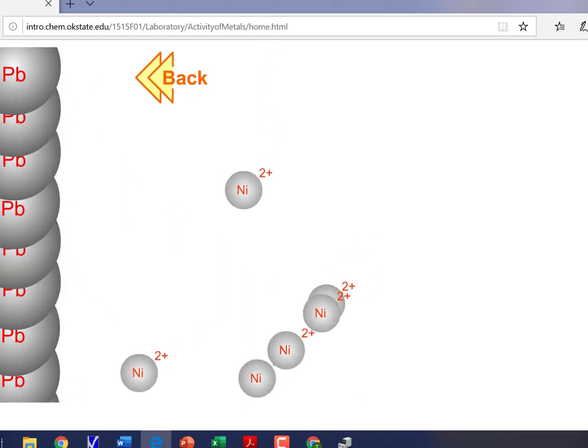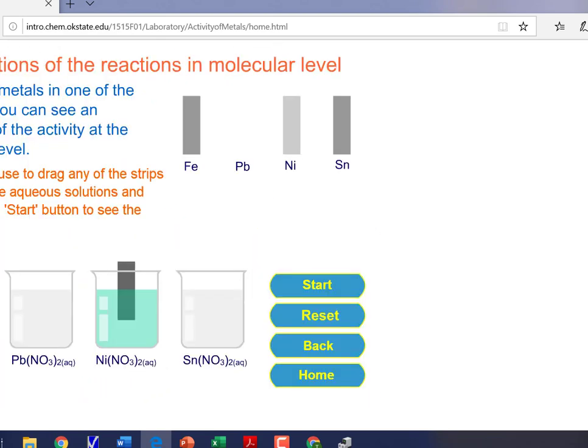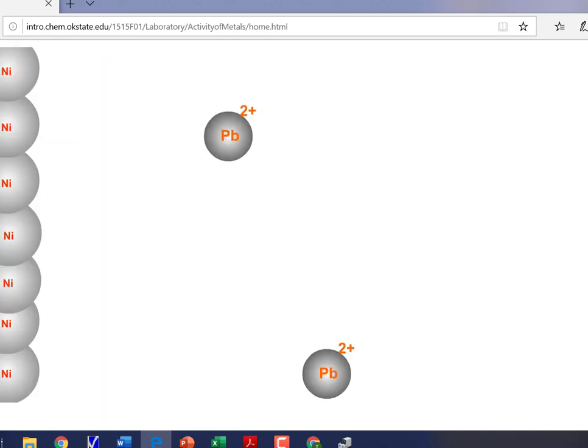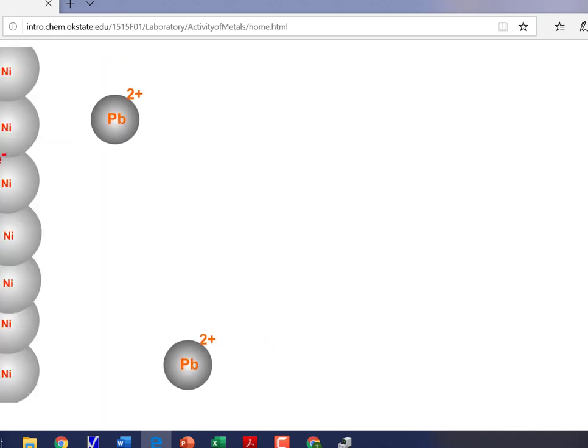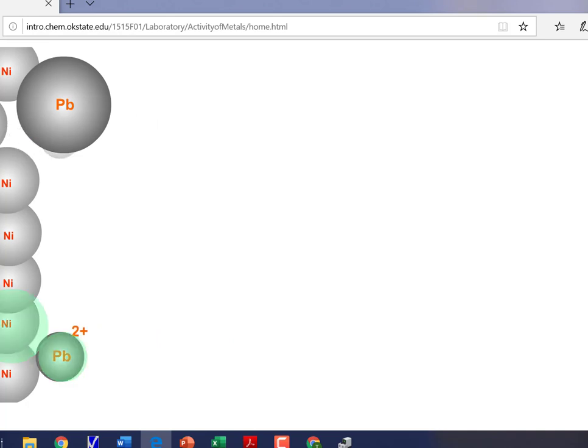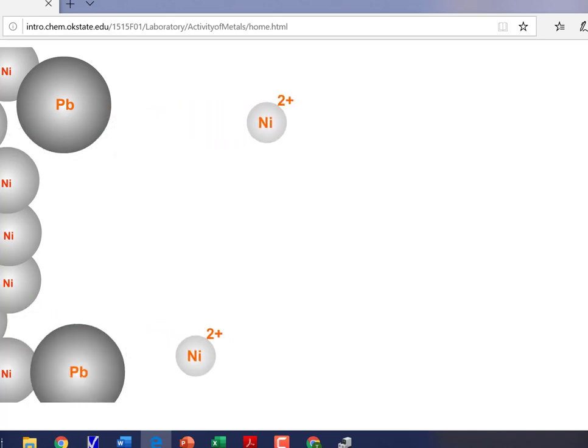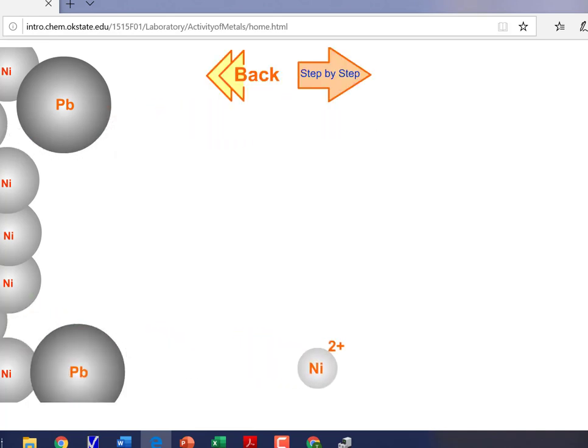Right? There was no reaction. But if I put the nickel into the lead, lead steals the electrons away from nickel. That nickel's now an ion, so it can go into solution. The lead is not an ion, so it comes out of solution.